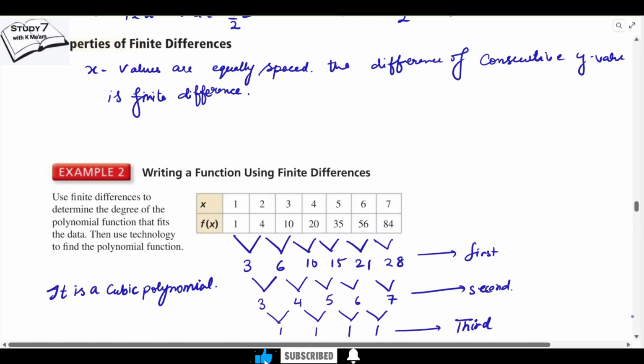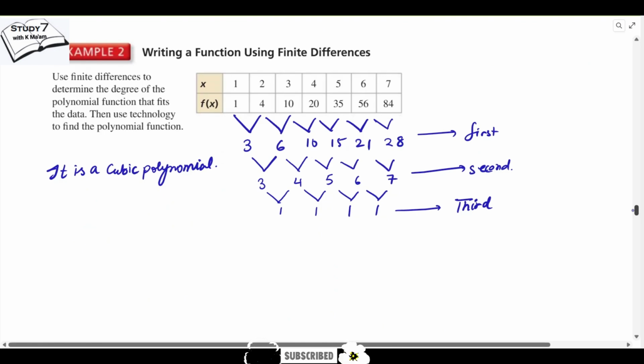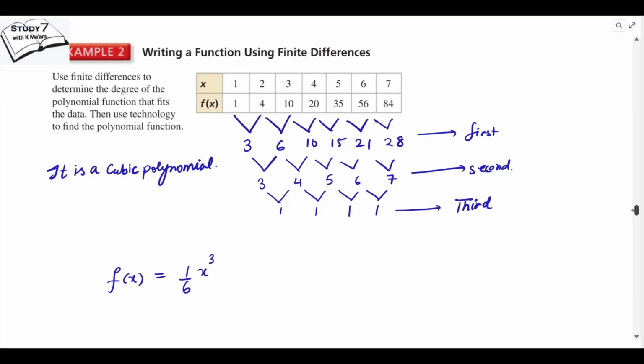You will get the function f(x) equals 1/6 x cubed plus 1/2 x squared plus 1/3 x. This equation is approximately the same and it satisfies the given values. Okay, right. Next one.